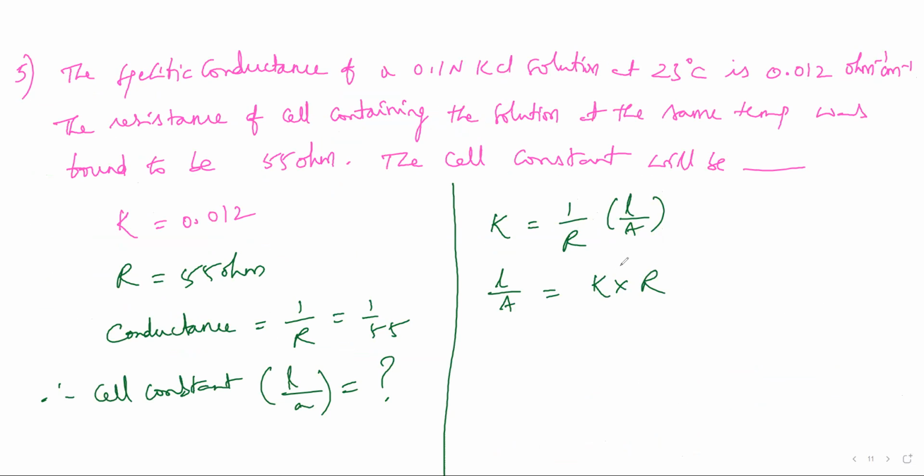So kappa is 0.012 and resistance is 55. So 0.012 into 55 is 0.66 centimeter inverse.